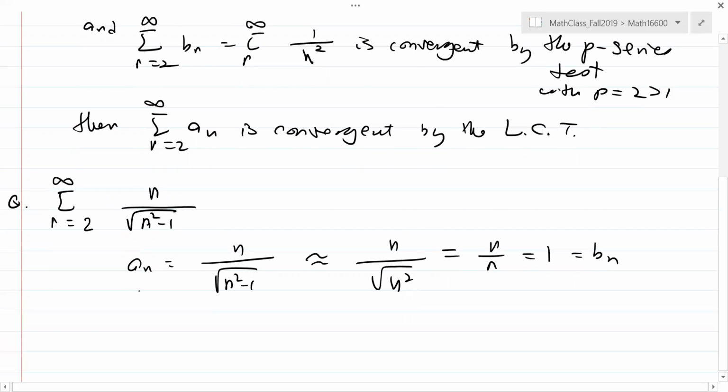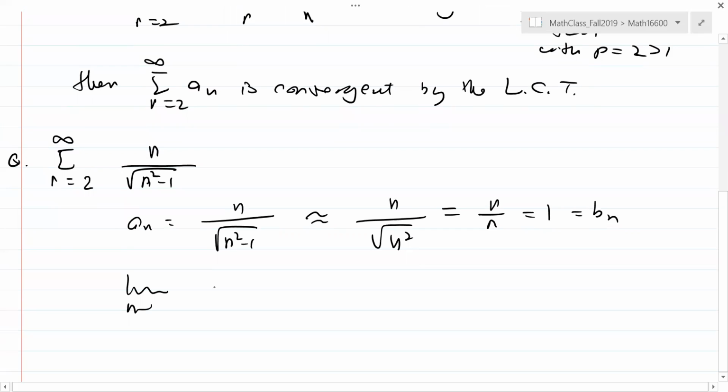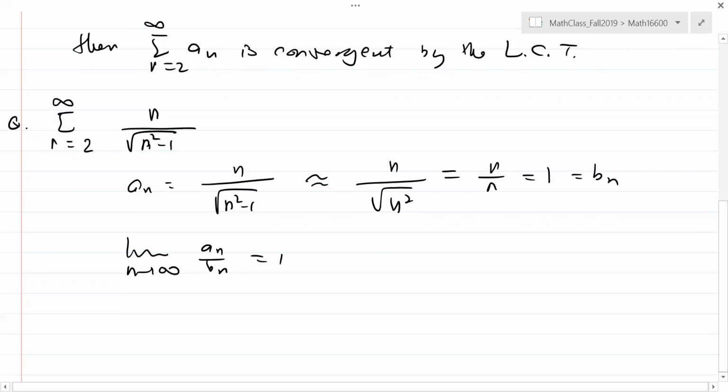First of all, this limit is going to be 1 because it's easy to check. If we just drop some constant terms, the limit will be 1. That means you can apply the limit comparison test. And this is definitely infinite, divergent, right?